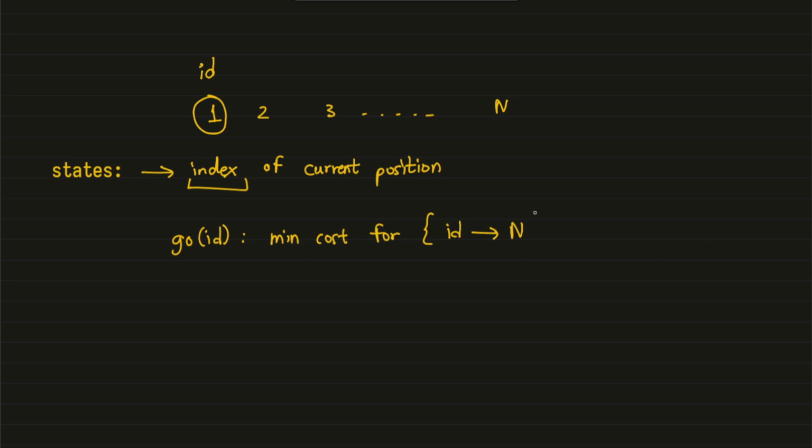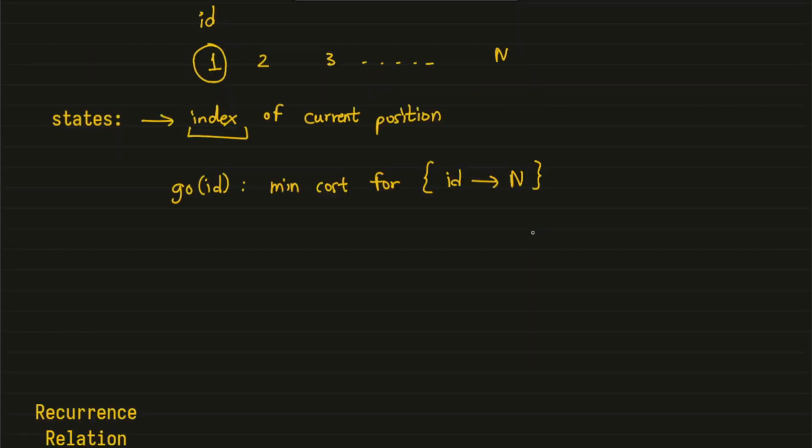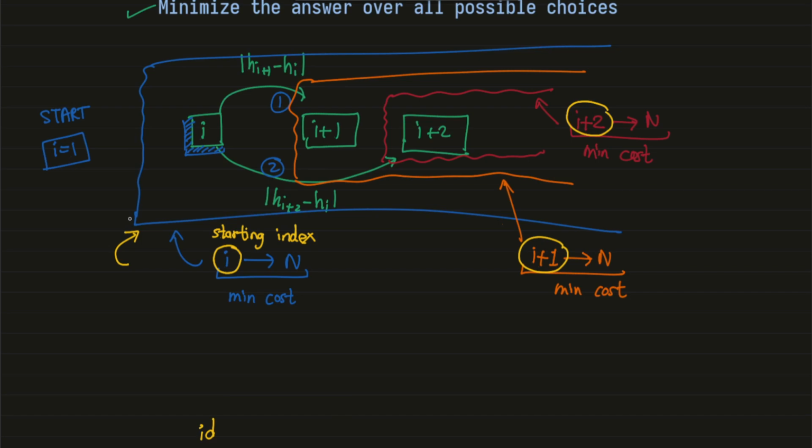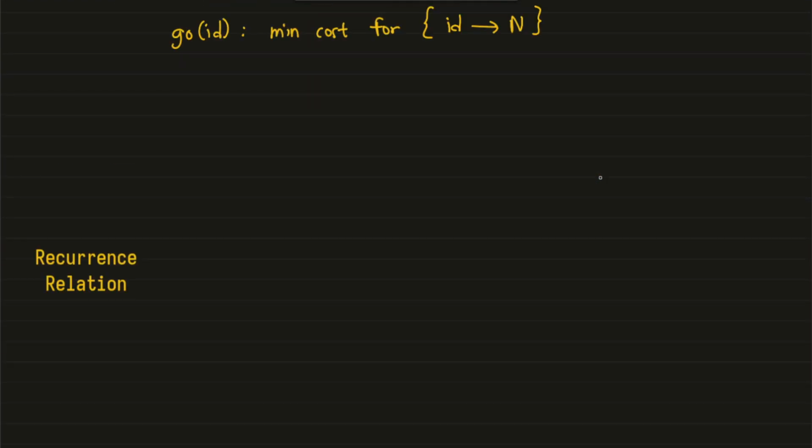Okay, now if we understand from this diagram here, the blue part denotes go of i, the orange part denotes go of i plus 1, and the red part denotes go of i plus 2. It is evident from this diagram, and since these are independent and overlapping subproblems, we can deduce the recurrence relation from them.